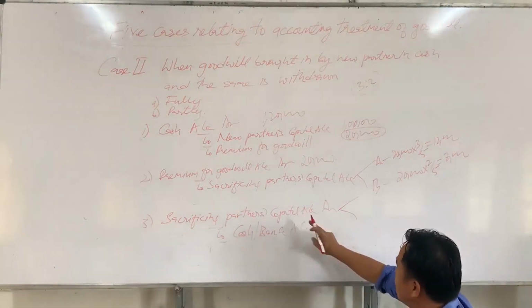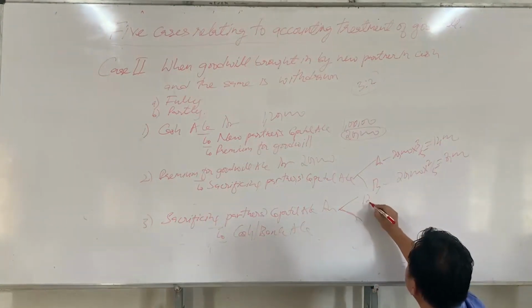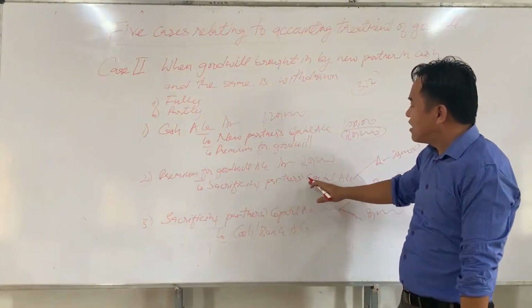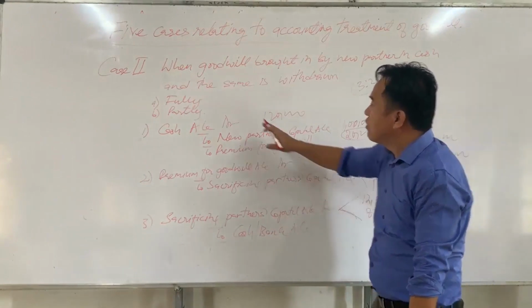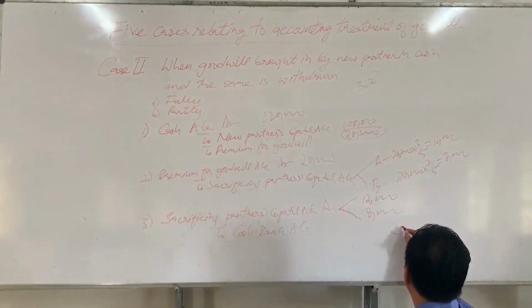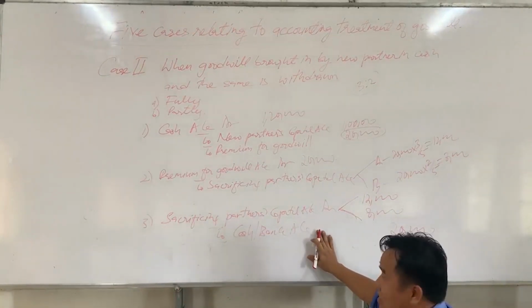So here we have to write 12,000 and 8,000, because the sacrificing partners have withdrawn the premium amount fully. In total, how much have they withdrawn? 20,000. Since cash is going out of the business, we have to credit the cash account.